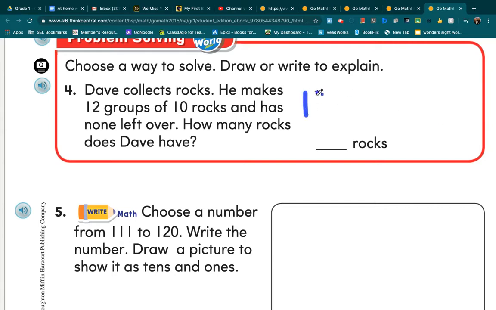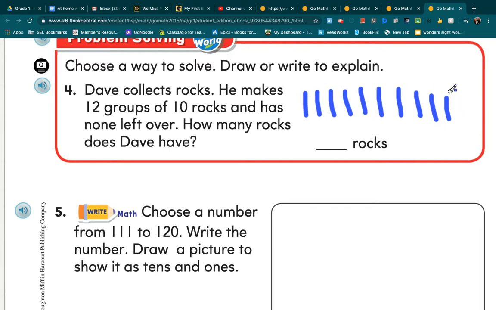10, 20, 30, 40, 50, 60, 70, 80, 90, 100. So I haven't drawn 12 yet, but I wanted to stop because I want to remind you guys that we know 100 is 10 groups of 10. So I only need to do 2 more to have 12 groups of 10.